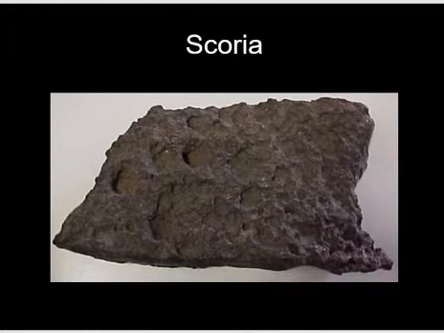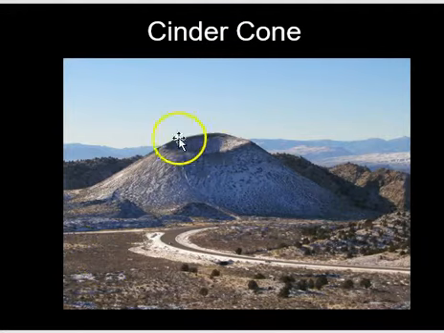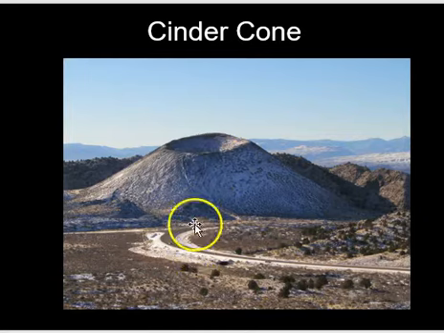Scoria is lava that has a lot of holes in it, and basically these holes were gas bubbles. When the rock is molten, it's not a solid rock, but there are a lot of gas bubbles, and so the gas bubbles create this kind of holey, open, pitted rock. So here is an example of a cinder cone. It has a central vent, a beautiful little cone shape, and if you measured the height, there's a car right there.